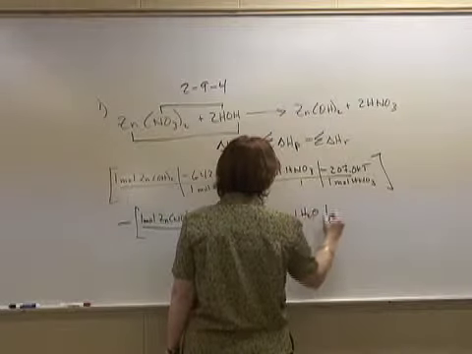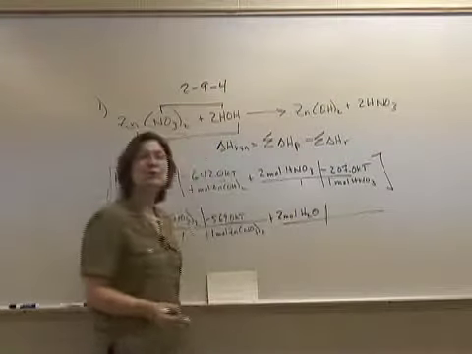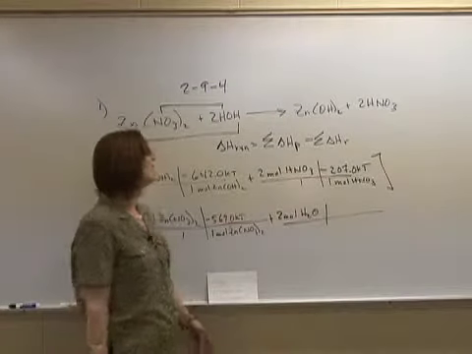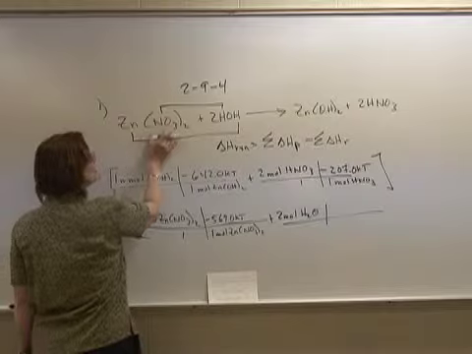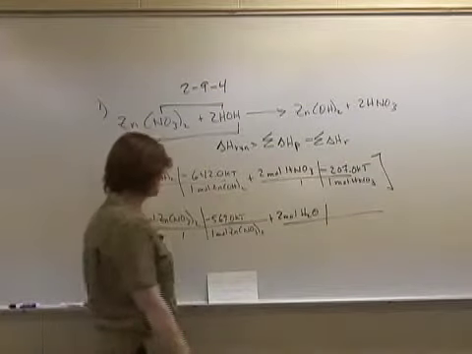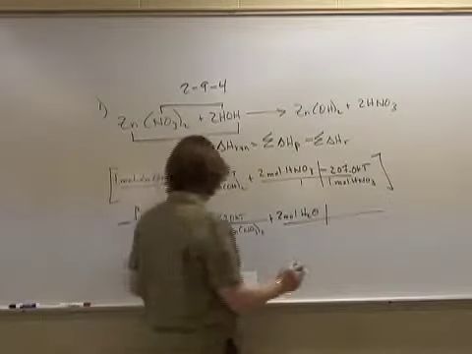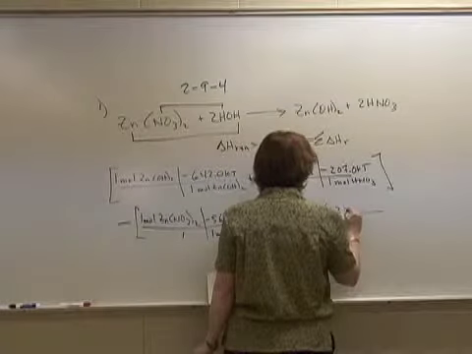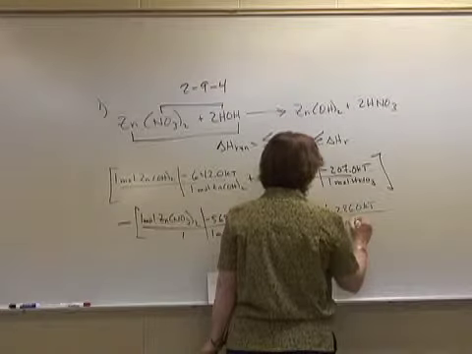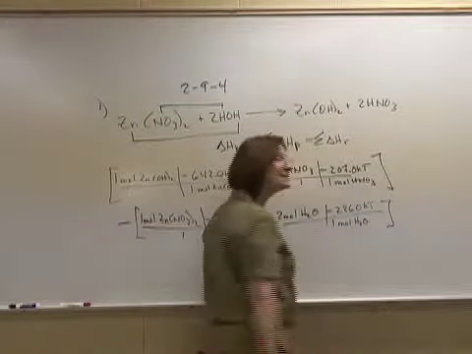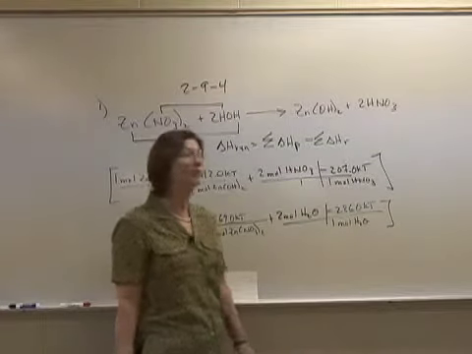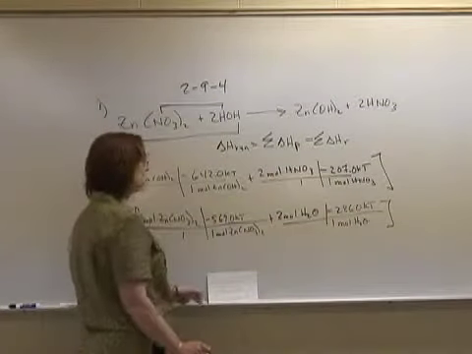Now, the question sometimes is, which water do I use? Is it gas, or is it aqueous, or is it liquid? Well, I see that I put a salt into this water, and therefore it is aqueous. I'm going to use the liquid water number, which would be negative 286.0 kilojoules for 1 mole of water. Now, on the assessment, I will give you the value, so you won't have to worry about looking up the correct value. Then I do the math.